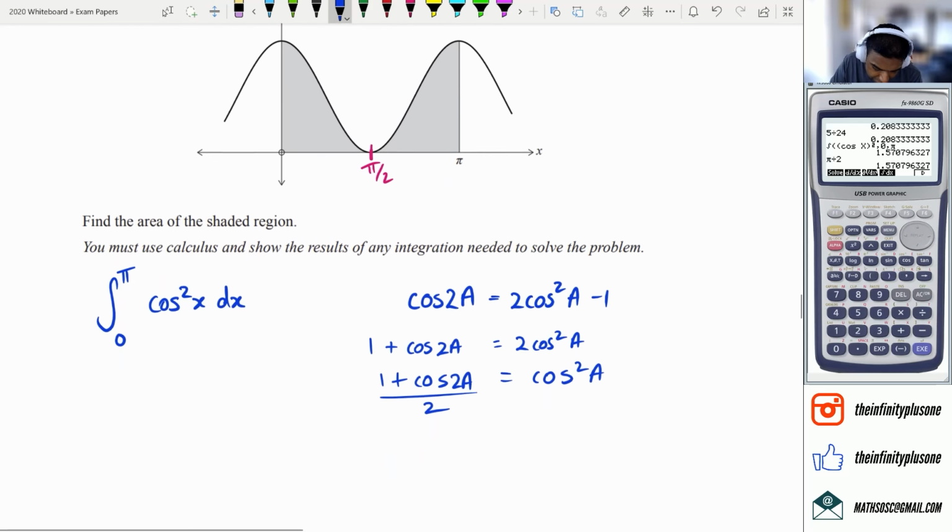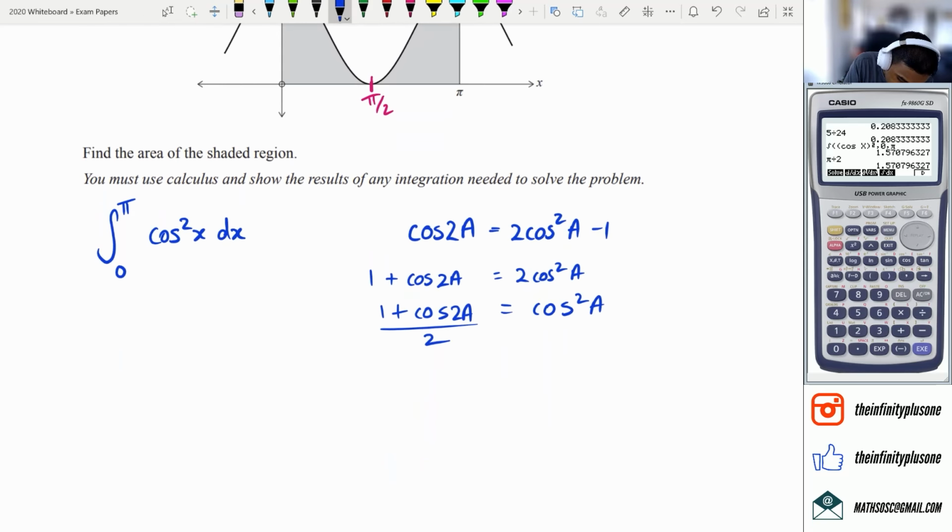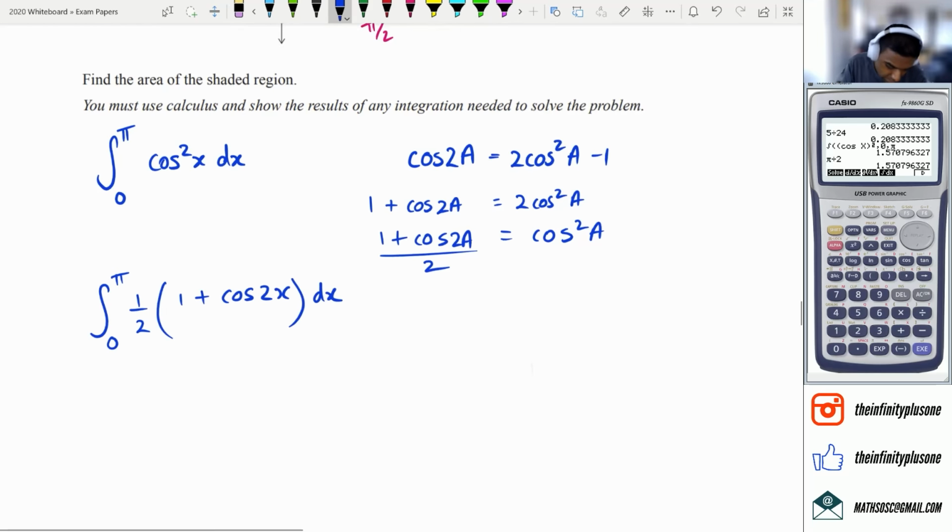So once that's done, I'm going to rewrite this whole integral sign again, but this time I'm going to put a half, and I'm going to write that as 1 plus cos 2x. Because I've taken the half out, I can just leave it like this, which means I can take the half out of the integral sign again.